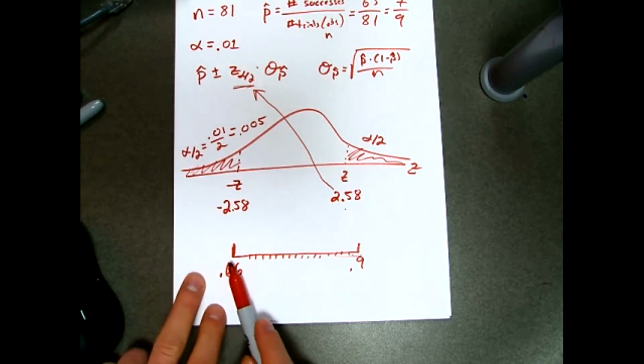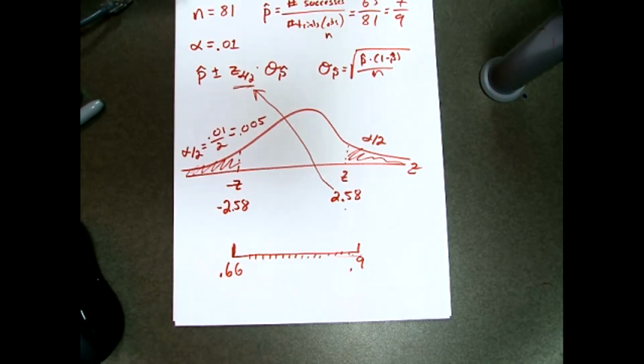I can tell them it's going to be way more than 0.5, somewhere between 0.66 and 0.9. So we can start to use these confidence intervals to rule out certain values, not necessarily to predict, just to make more optimal decisions moving forward.